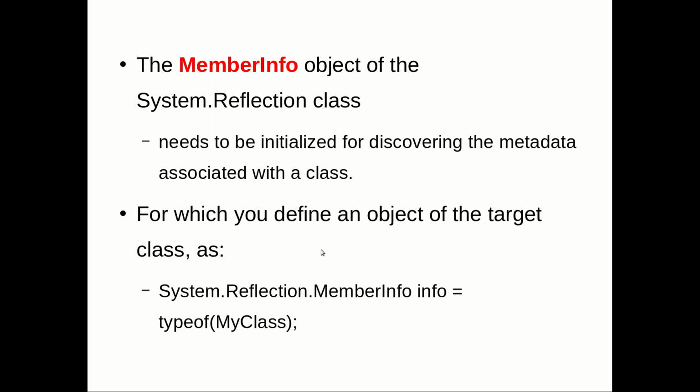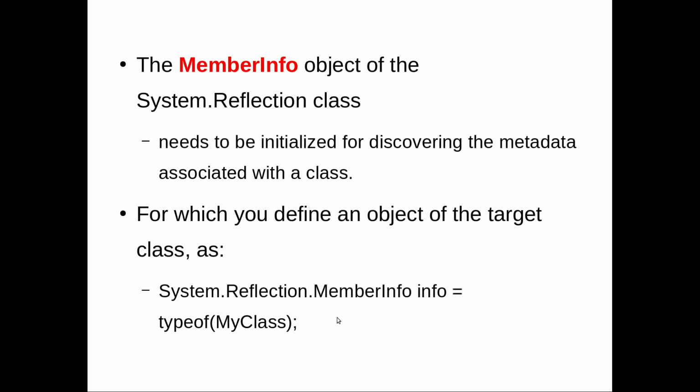If I want to initialize it, this is how you do it. You have MemberInfo, specify an object, and use the typeof operator, then whatever class you want to use here. Suppose you want to collect the members of the Employee class.